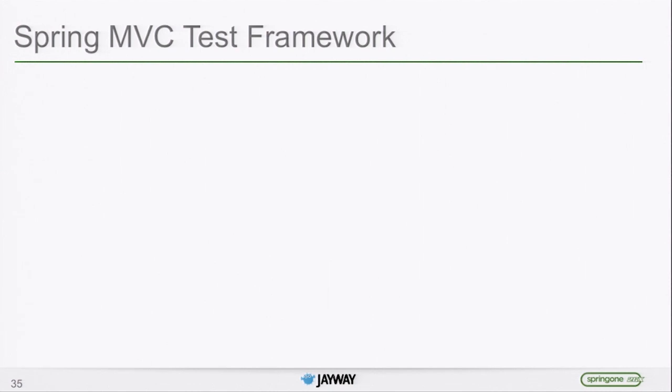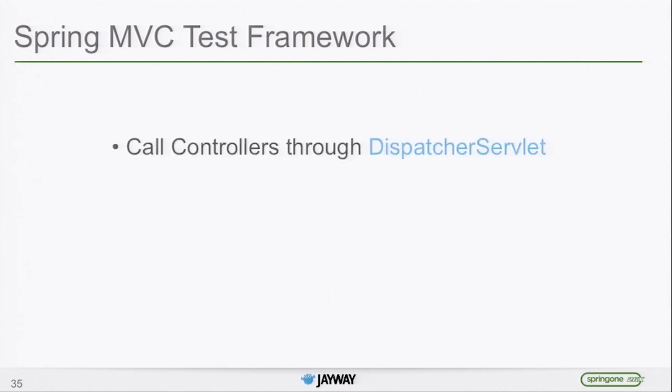So the way it works is it calls your controller through the dispatcher servlet. Yes? Do you know if there's going to be any changes in Spring 4.0 with regards to the testing that you're showing here? I mean, you just said that the Spring MVC Test Framework became available in Spring 3.2.